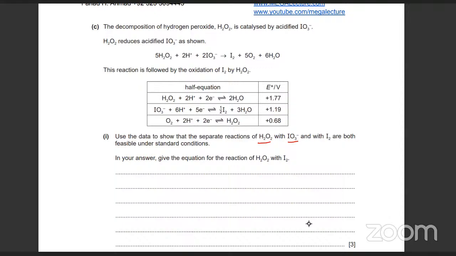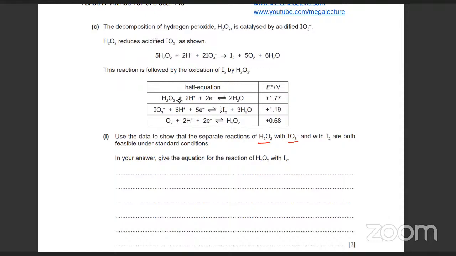So H2O2 is clearly the higher potential, so it's going to gain electrons. And IO3-1 is the lower potential. So that is the one that's going to lose electrons.